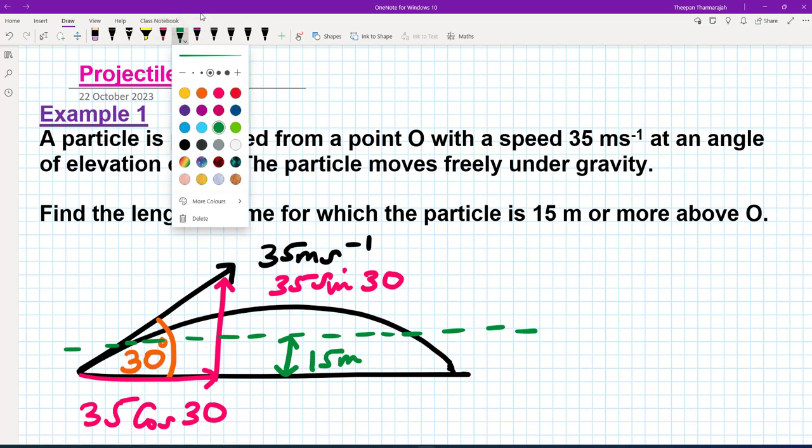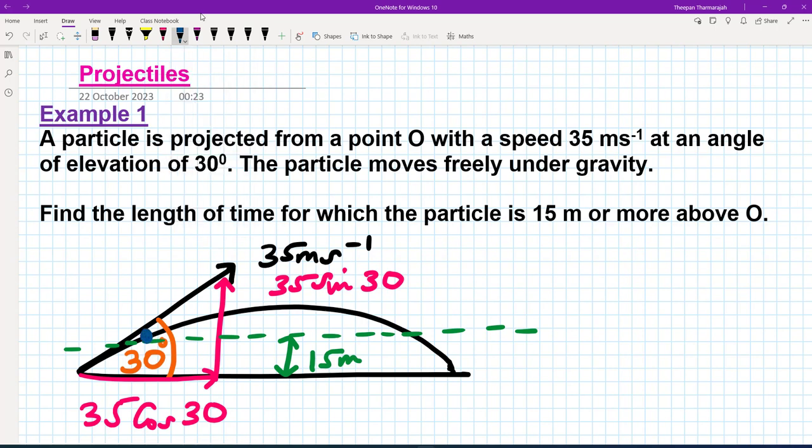It reaches 15 meters first at this point. It keeps moving along, and then as it comes back down again, it also reaches the same displacement above the ground, 15 meters, at a second time point. I'm going to call that time point T1, and I'm going to call that time point T2. So we have two different time points when the particle reaches 15 meters above the horizontal ground.